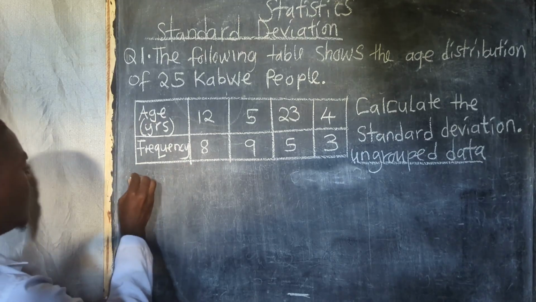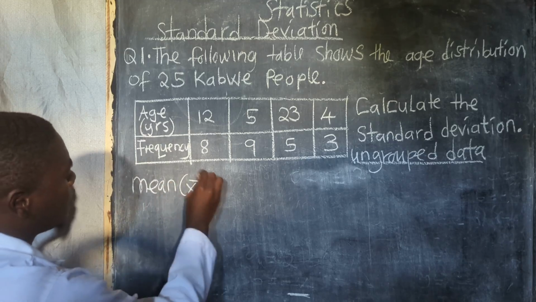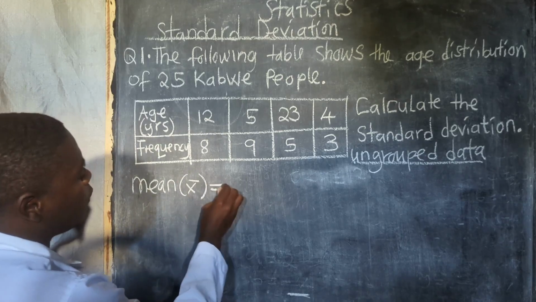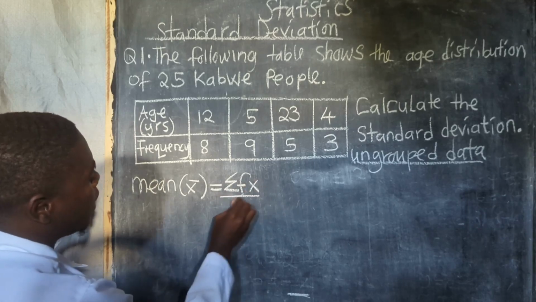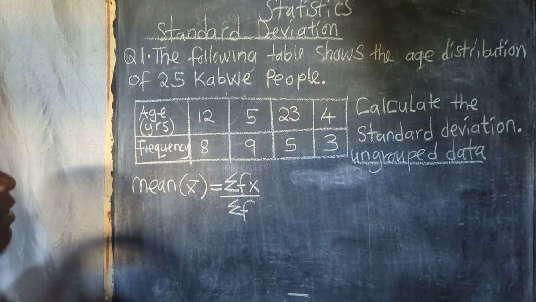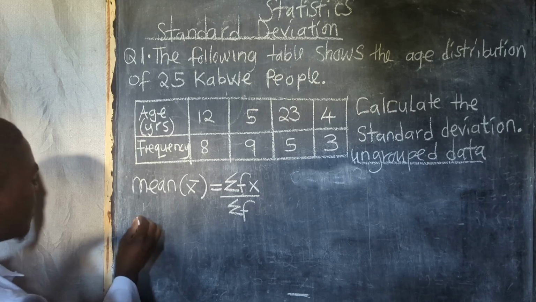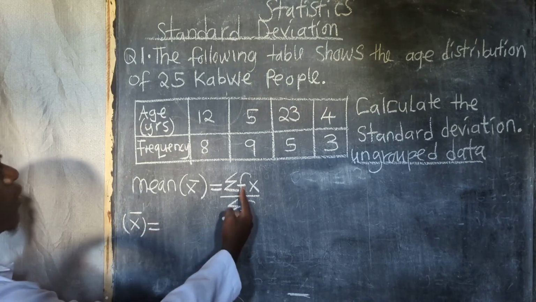Straight away, you just need to find the mean. First thing, find the mean, which is represented by x bar. What is the formula? Summation of frequency times x over summation of total frequency. This is the formula that we use, where we say mean, which is bar x, is equal to, you are going to be multiplying.